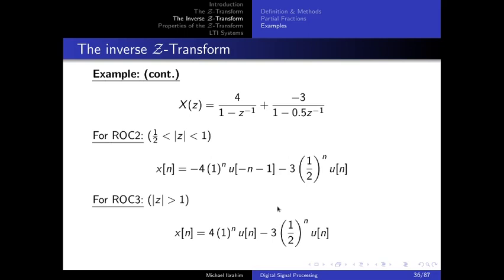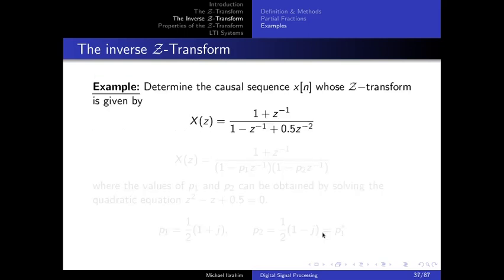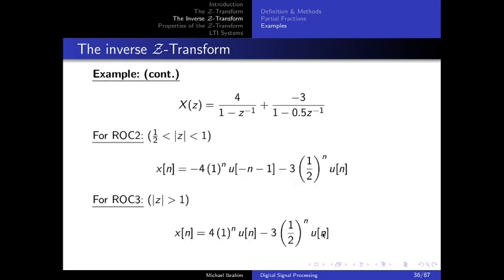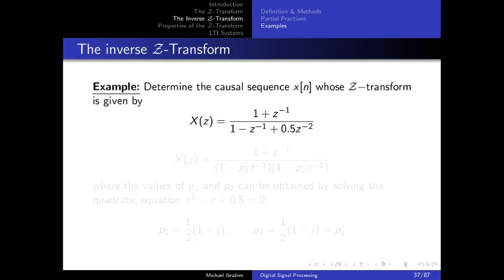So as we can see here, x of n would be 1 to the power n u of n and half to the power n u of n. This example actually is really simple, but it helped us to learn how to do the partial fraction and how to find the possible regions of convergence and how to compute x of n, the discrete time sequence.